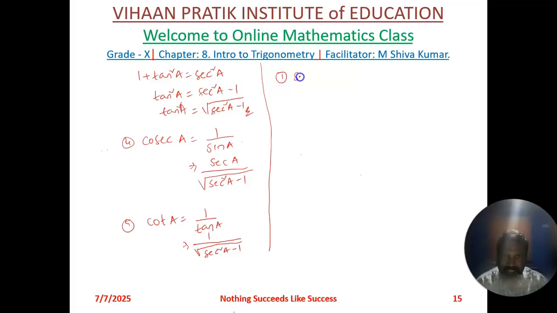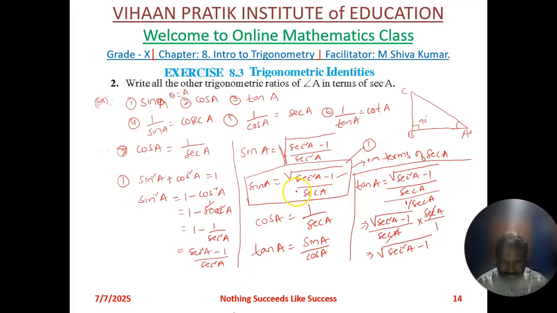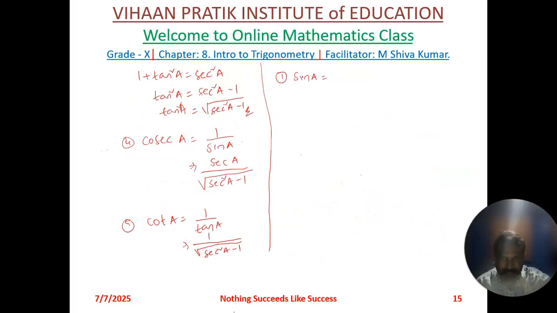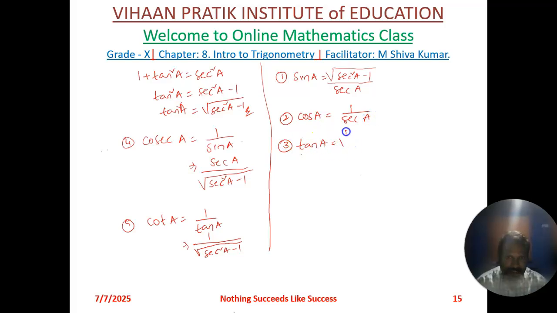So we got all the values of trigonometric ratios in terms of secant A. The first one is sine A, which is square root of secant square A minus 1 divided by secant A. Second one is cos A, simple, reciprocal of secant A. Third one, tan A, is square root of secant square A minus 1 from this identity.